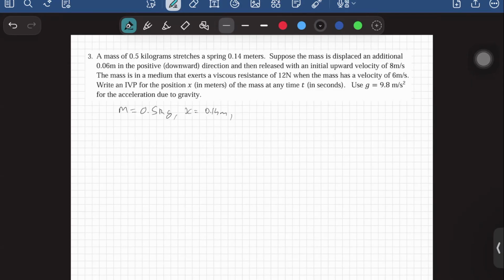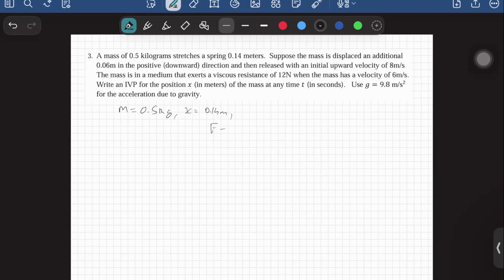Okay, so first we have to find the spring constant, right? And we're using g as 9.8. If you have taken physics 1, you know F equals negative kx, and then we can use mg equals negative kx.